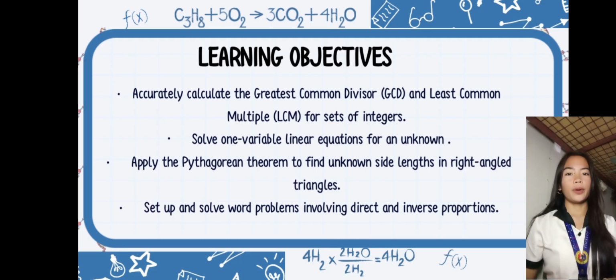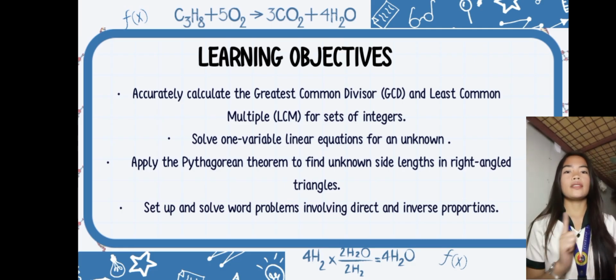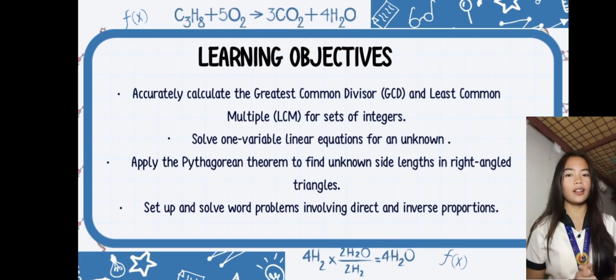Apply the Pythagorean theorem to find unknown side lengths in right-angled triangles. And set up and solve word problems involving direct and inverse proportions. These skills form the foundation of many higher mathematical concepts.